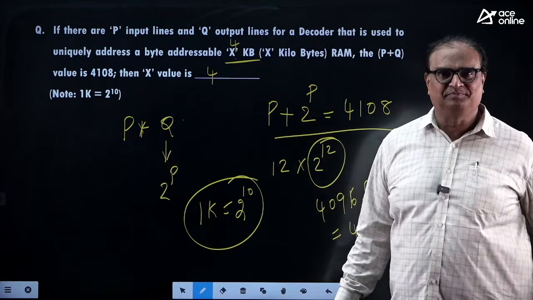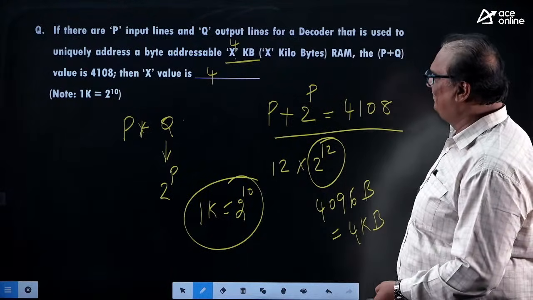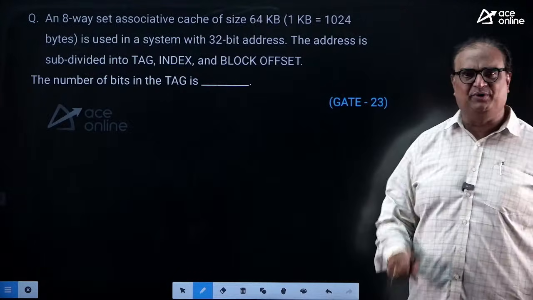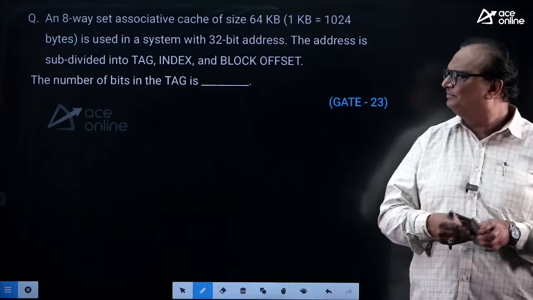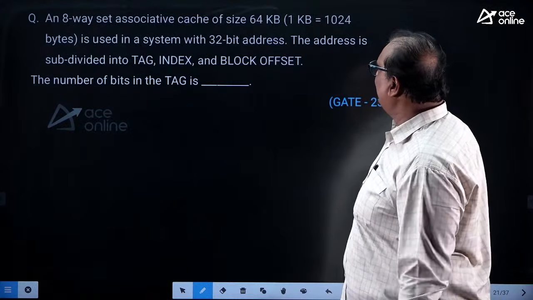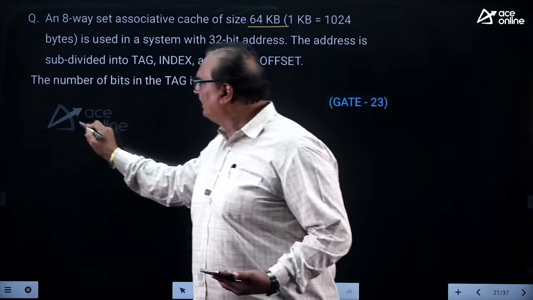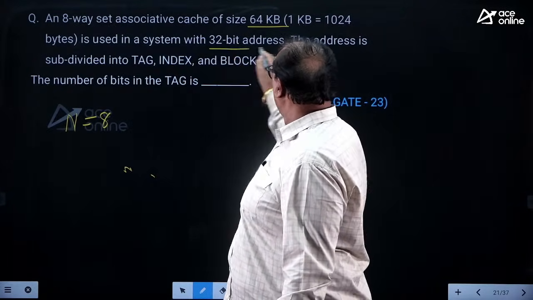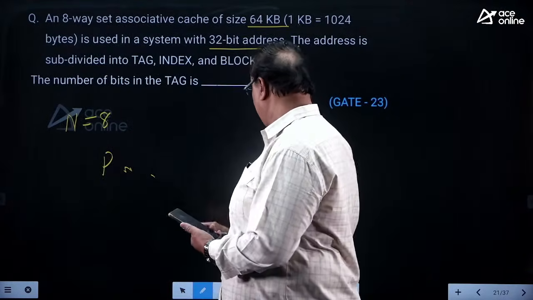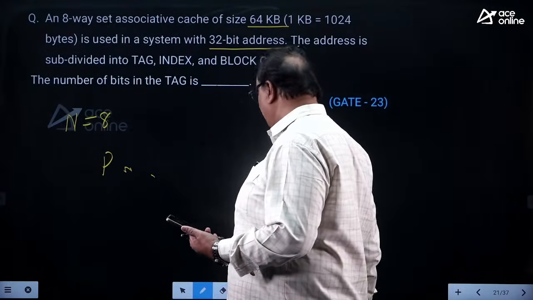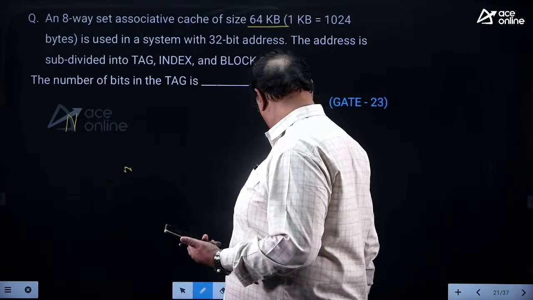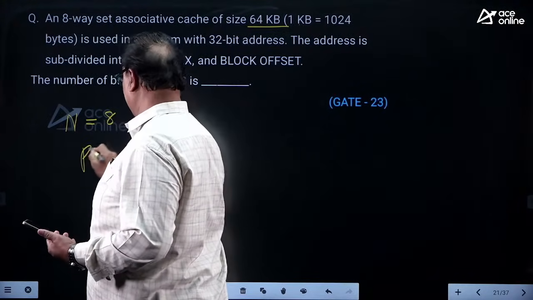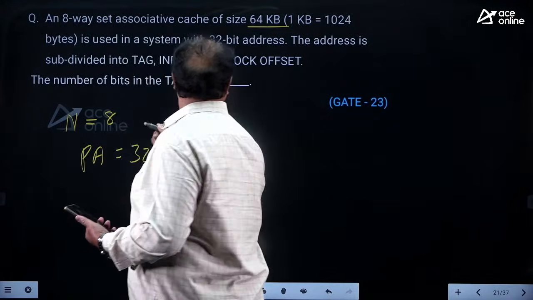Excellent question it is. Next, come to the next question. Given in 2023, you are permitted to take only 1 minute. In this, an 8-way set associative cache of size 64 KB, n is equal to 8, used in a system with a 32-bit address, means PA size is 32 bits.